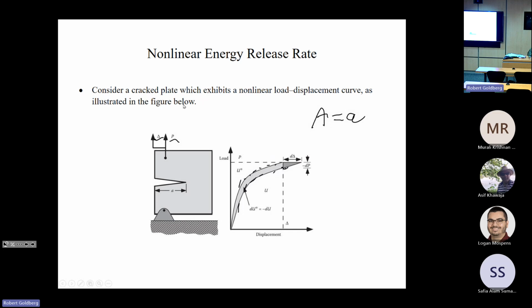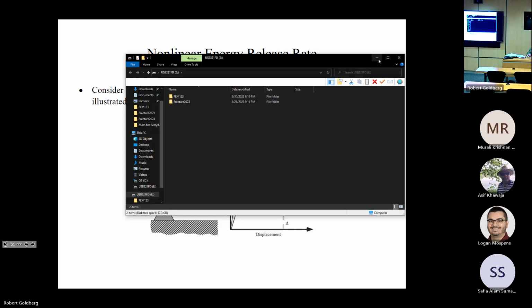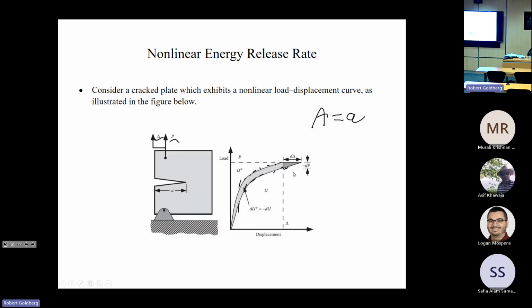But it's important to remember that the energy release rate is defined in terms of the crack area and not the crack length. And where this is important is that if you compute the J, this linear or nonlinear strain energy release rate for configurations other than edge crack, like shown here.